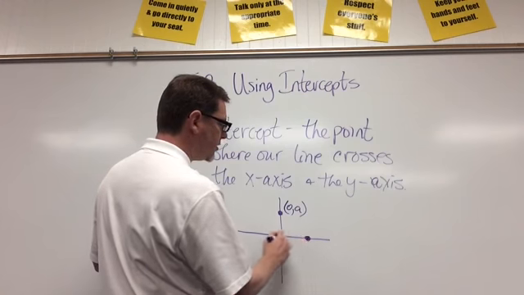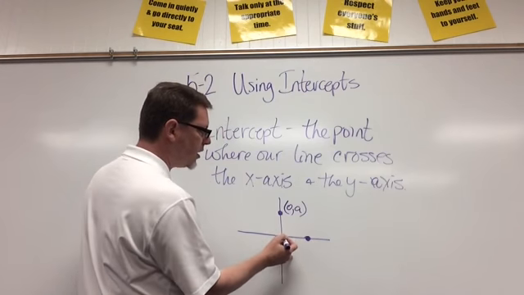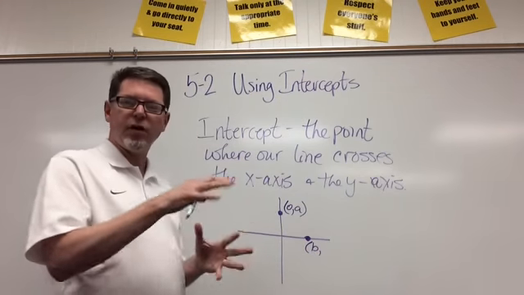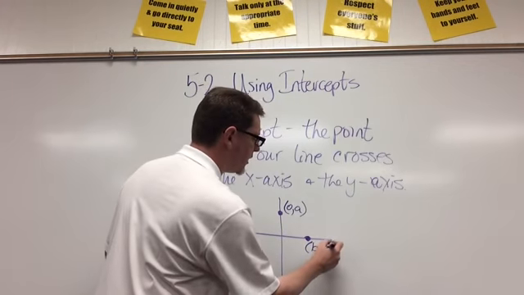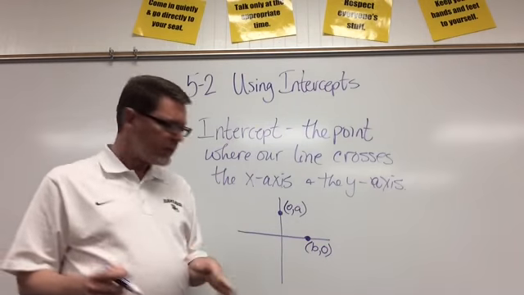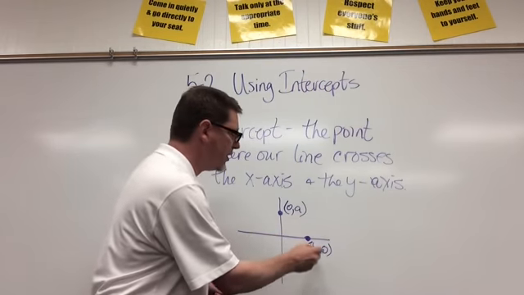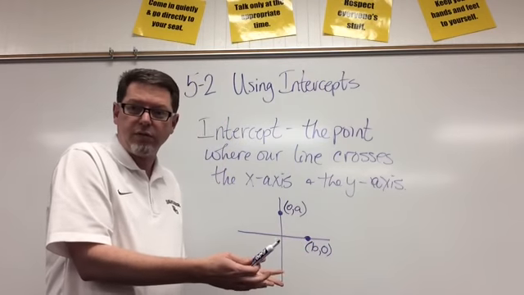Now with the x-intercept over here, we know we're going to go across something and we're going to call that b, but I don't go up or down any, so we know that's going to be 0. So my x-intercept is going to be b comma 0, and that b is going to represent whatever number it is if I had a real graph.